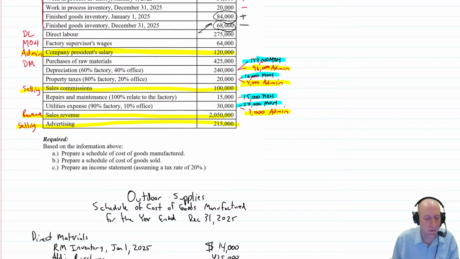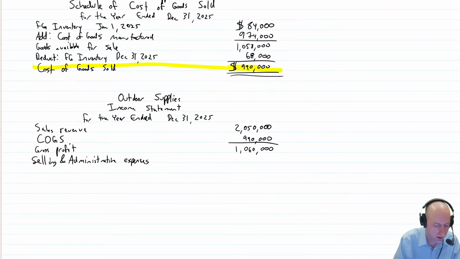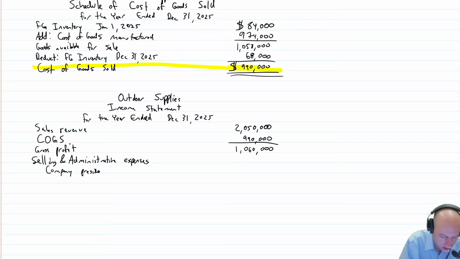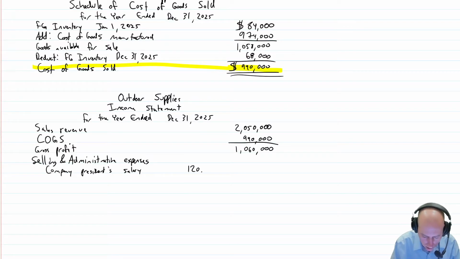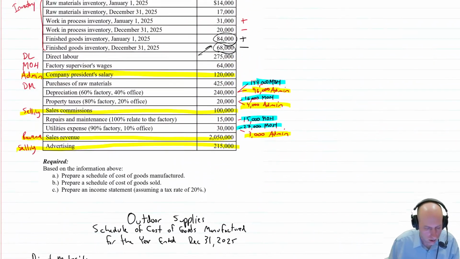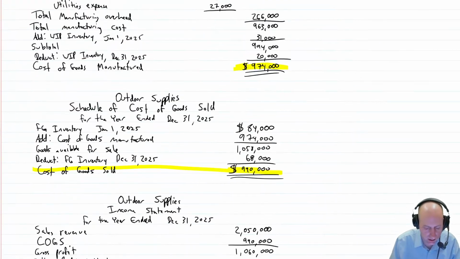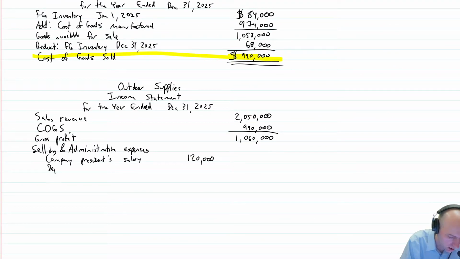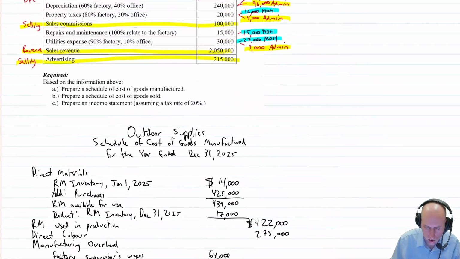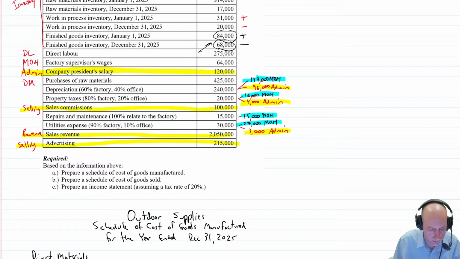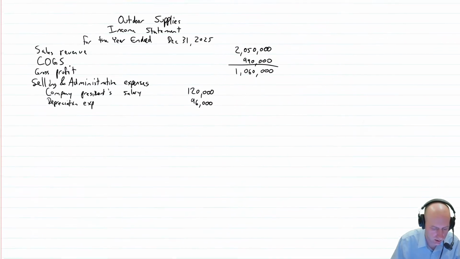So let's go down the list. Company president salary, 120. Next one down is depreciation. 96,000 was admin. Next one down was property taxes, and 4,000 was admin.